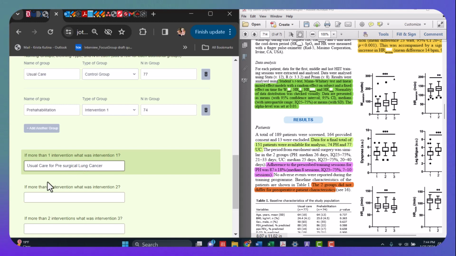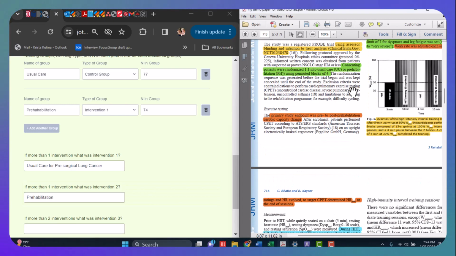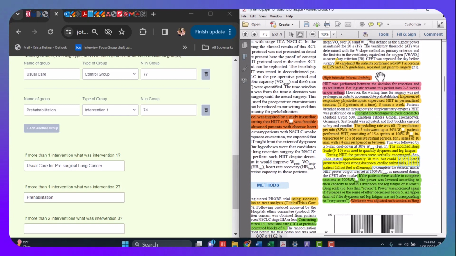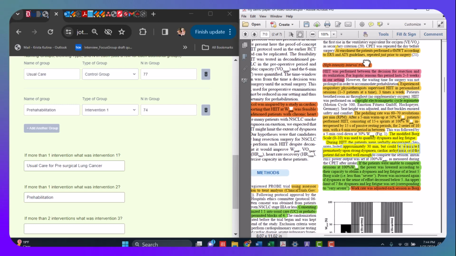And then if more than one intervention, what was intervention 2? It was prehabilitation. I mean, that's what they called it, but I'm just wondering if you need to get more specific here. In their methods, they really talk about this high intensity interval training that they did with the intervention group.